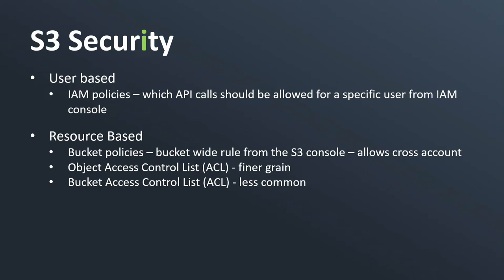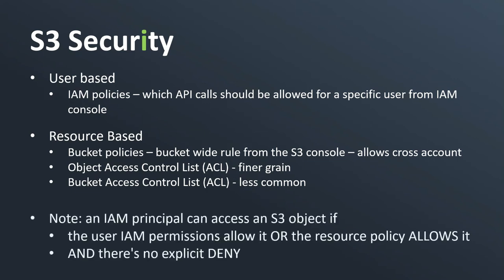Okay, now notes. An IAM principal, so it can be a user or a role, can access an S3 object if the IAM permissions allow it. That means you have an IAM policy attached to that principal that allows access to your S3 bucket.